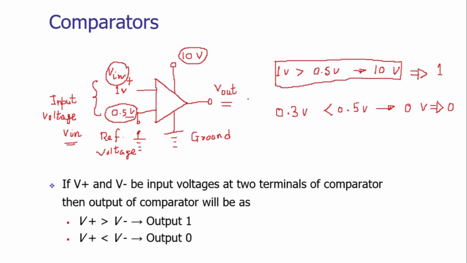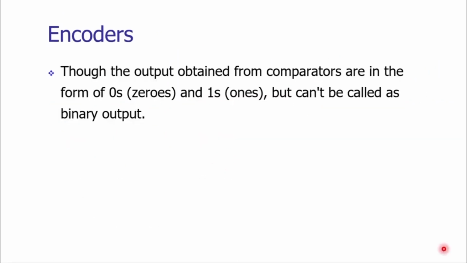The same thing has been summarized over here. The comparators are comparing the inputs and they are generating the digital output. As we have seen in our previous slide, a 1 bit comparator is generating 1 bit digital output.